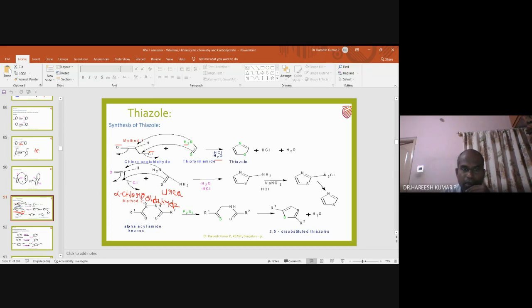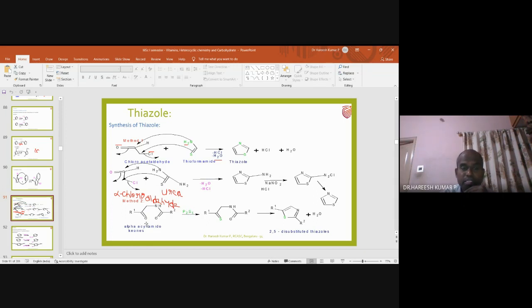So the name of this compound is alpha-acetamido ketone. Alpha-acetamido ketone, when it is subjected to phosphorus pentasulfide, what will happen?